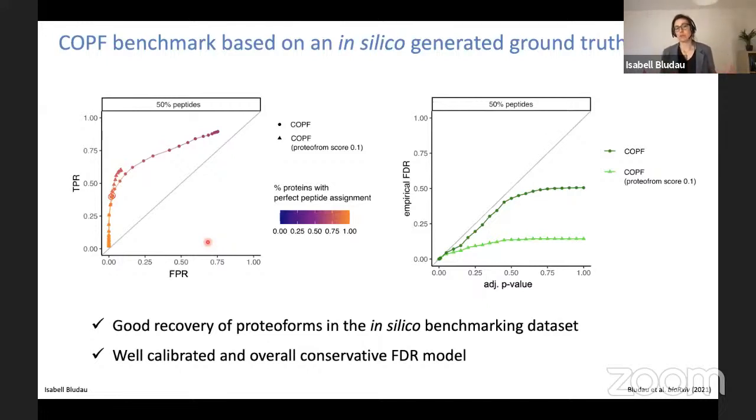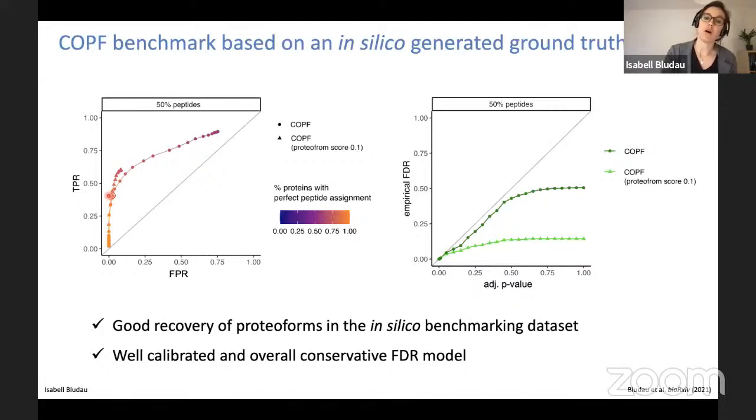Basically, the reason why we had to generate something in silico is because there is no good ground truth data set of where we know exactly what proteoforms exist. But in our in silico benchmark set, we could see that we get a reasonable true positive rate at low false positive rates.